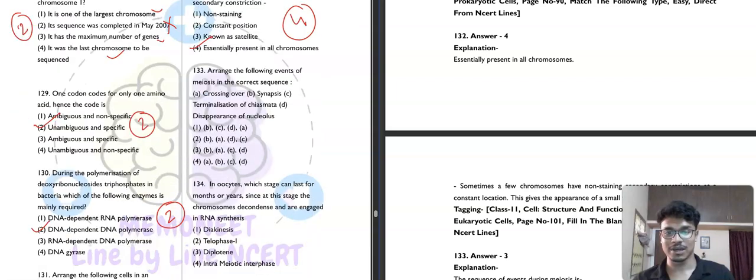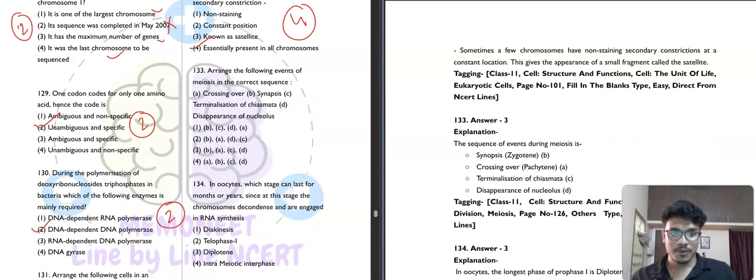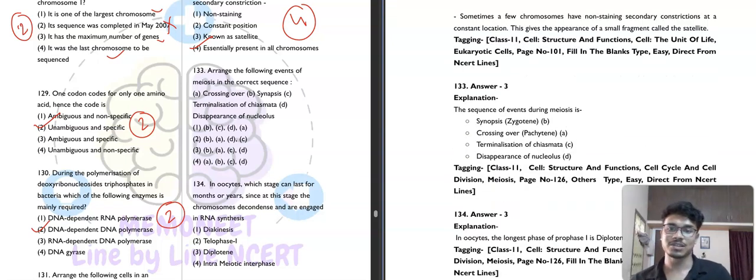Then question number 133. It is saying arrange the following events of meiosis in the correct sequence: crossing over, synapsis, termination of chiasmata, disappearance of nucleolus. First will be synapsis, zygotene, then crossing over, pachytene, then termination of chiasmata, then disappearance of nucleolus. B, A, C, D will be our correct answer.